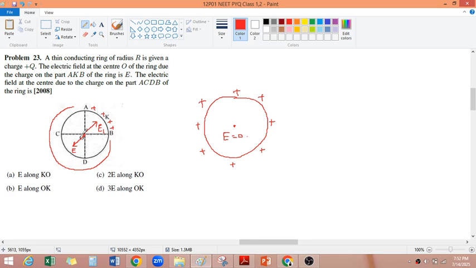Where is OK? It is from O to K. So OK is correct. I think this is E, this should also be E, right? It cannot be 2E or 3E. Only then will it cancel each other and become 0. So that means B will be the correct answer.